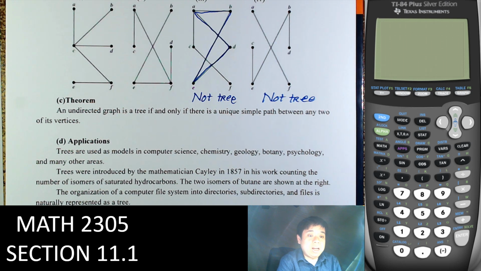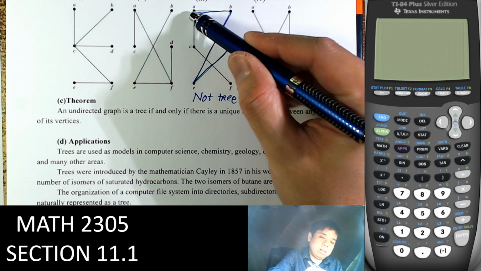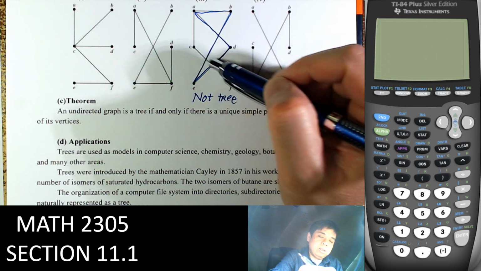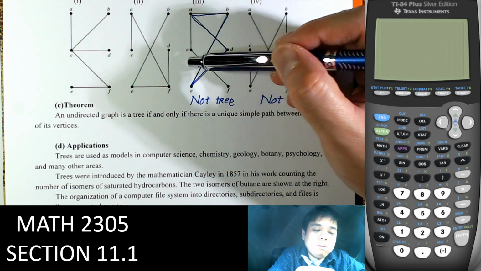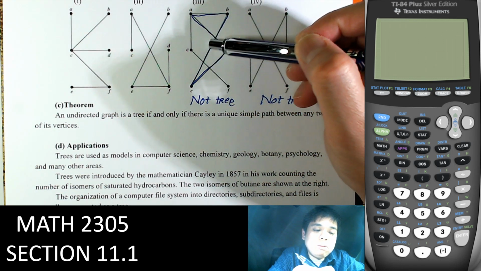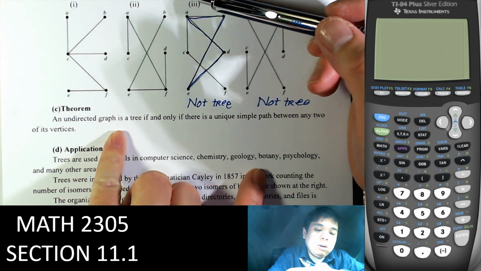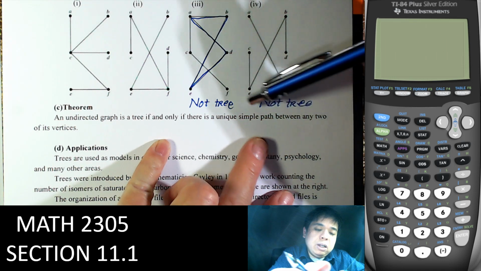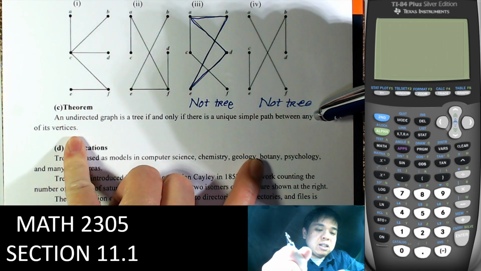So that's another characterization: in a tree you can go from one point to any other point by a unique path.